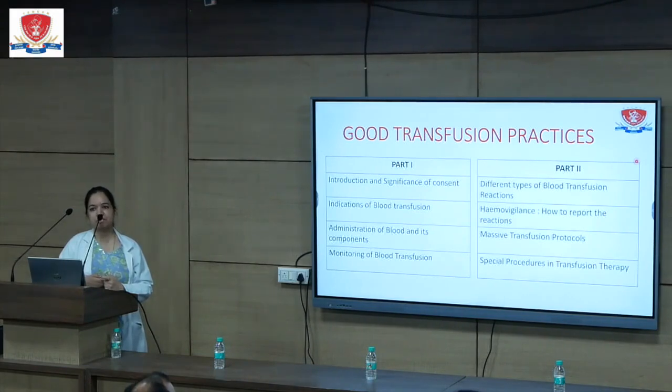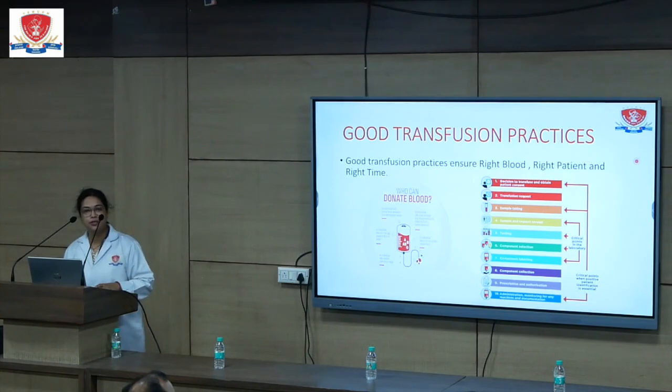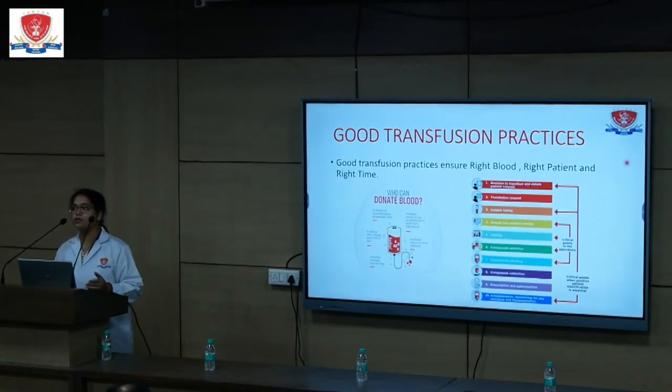To summarize the previous PGCR, I would like to invite Dr. Just to summarize, last PGCR we had discussed who can donate, who cannot donate, what are the different blood components, how are these blood components stored, what are the indications of these blood components, how to fill a requisition form, how the sample should be collected and labeled, how we do the administration of the different blood products, what is to be monitored, what is to be documented, and in case of an adverse transfusion reaction, what is to be done.